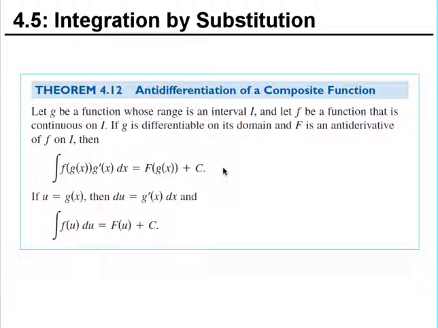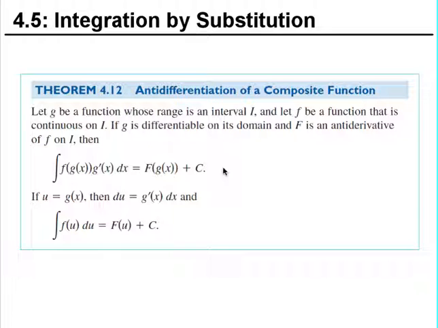Function by substitution. First of all, we're going to look at theorem 4.12. Basically, it states: let g be a function whose range is an interval I, and let f be a function that is continuous on I. If g is differentiable on its domain, and F is an antiderivative of f on I, then... Now, I know you're probably utterly confused right now.